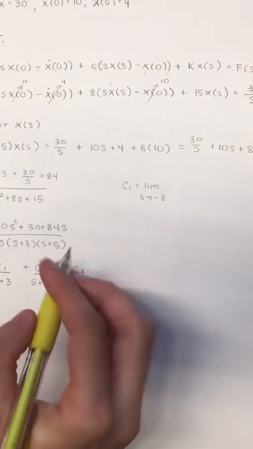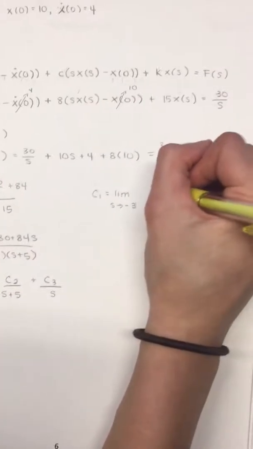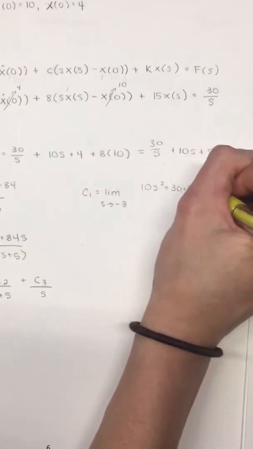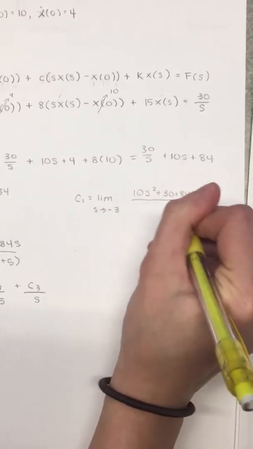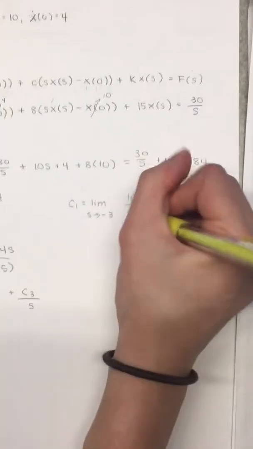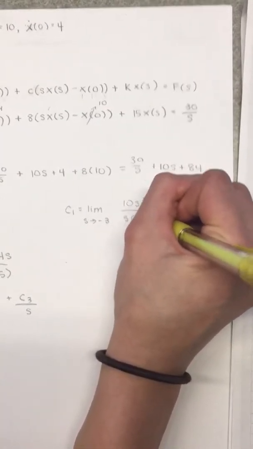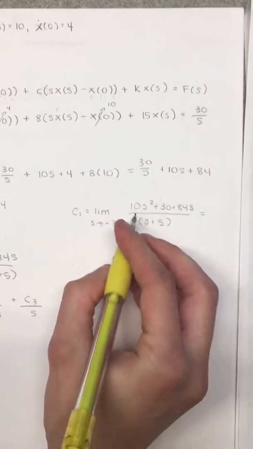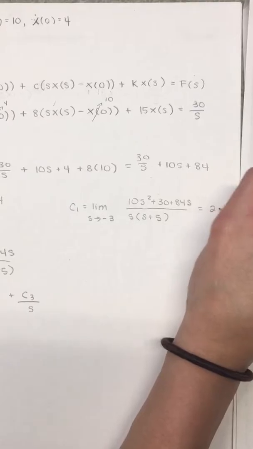And then you'll have your equation on top, 10s squared plus 30 plus 84s, all over the two denominators that you're not looking at, so it'll be s times (s plus 5). If you plug in -3 for s in all these terms, you get C1 is 22.